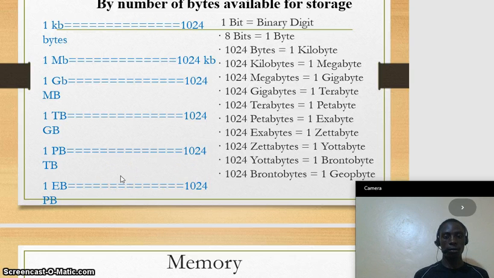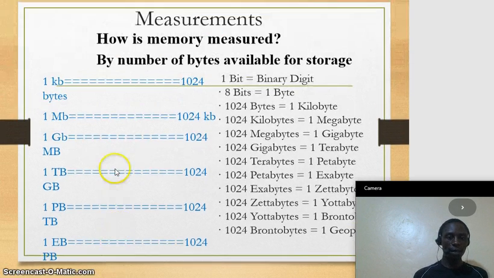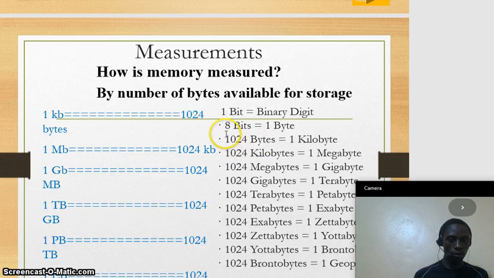1 terabyte is equivalent to that amount of gigabytes. Plus other measurements. On this side we see 1 bit is equal to a binary digit. 8 bits are equivalent to 1 byte.